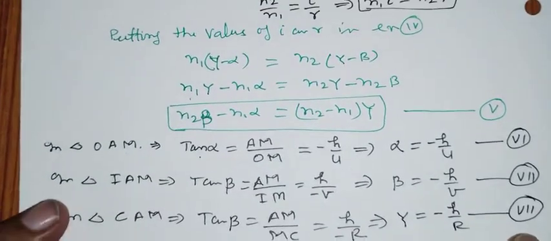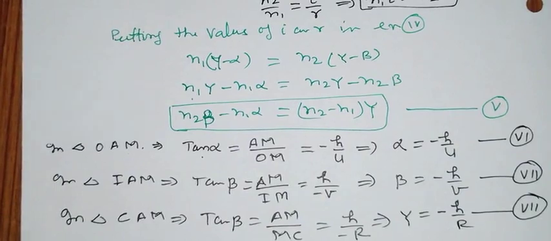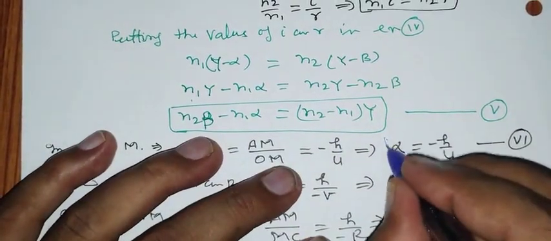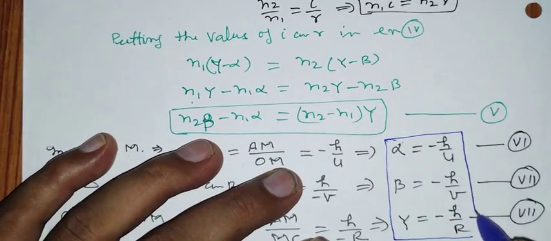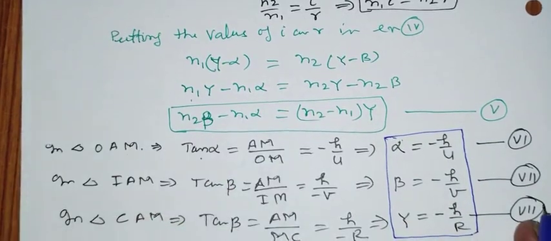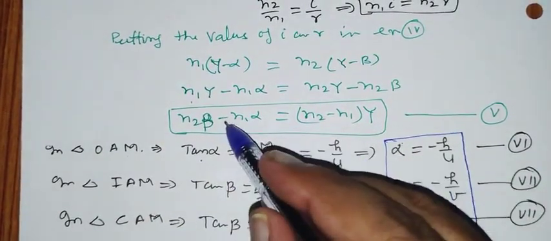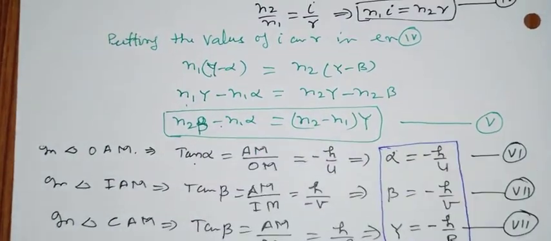Now, what are the steps required at this stage? The values of alpha, beta and gamma are determined. It is time to put the values in equation number 5.